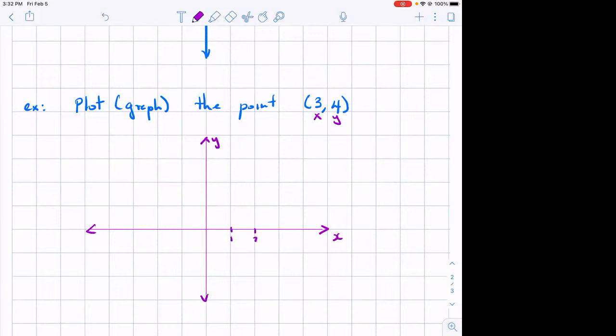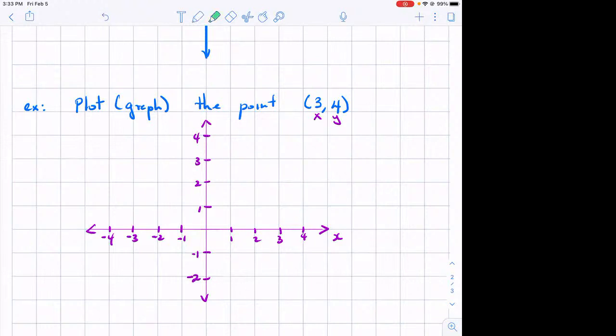We have 1, 2, 3, 4, and on the other side -1, -2, -3, -4.